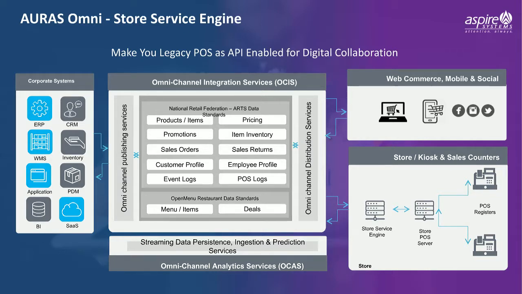Now let's take the scenario where a customer wants to place an order to a particular store in his region. The customer could go to a mobile device or online e-commerce site and place an order for store pickup. But when he places the order for store pickup, the store system is not available because it is not connected to the internet.